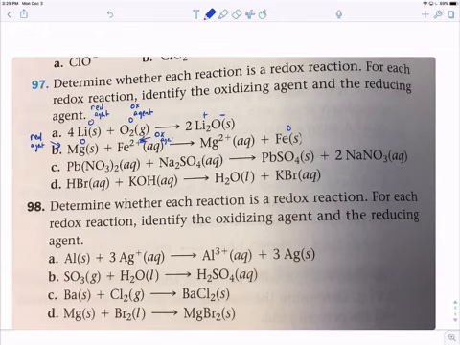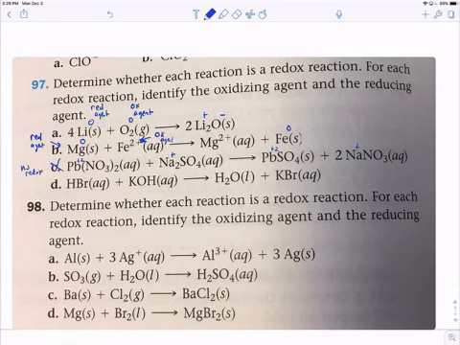Next one here, lead +2. Nitrate and sulfate don't change, so I'm not going to even put them. Lead +2, sodium +. No electron transfer, so this is not a redox.